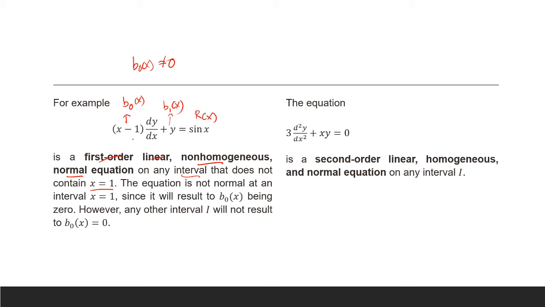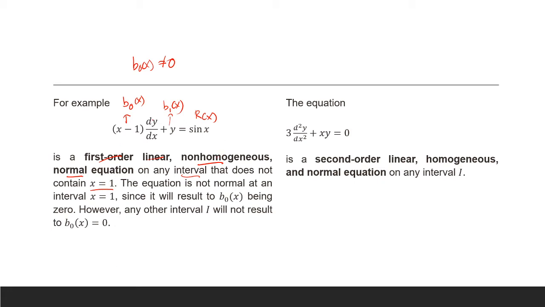So, kailan lang magsi-0 itong b sub 0 of x natin? That is at x is equal to 1. If x is equal to 1, makakancel yan. This will become 0. So, therefore, that is not normal in that interval. However, it is normal in any interval basta hindi siya equal to 1.